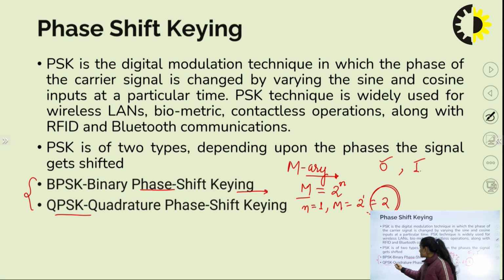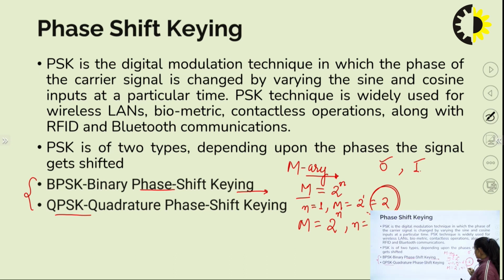Whereas QPSK is the next level where I consider 2 bits at a time, right? When my symbol is of 2 bits, that is, if I consider the variation in the phase, the variation in the wave characteristic depends on a dibit at a time. If I am going to consider 2 bits at a time, then for n equals 2, my number of levels will be 4.